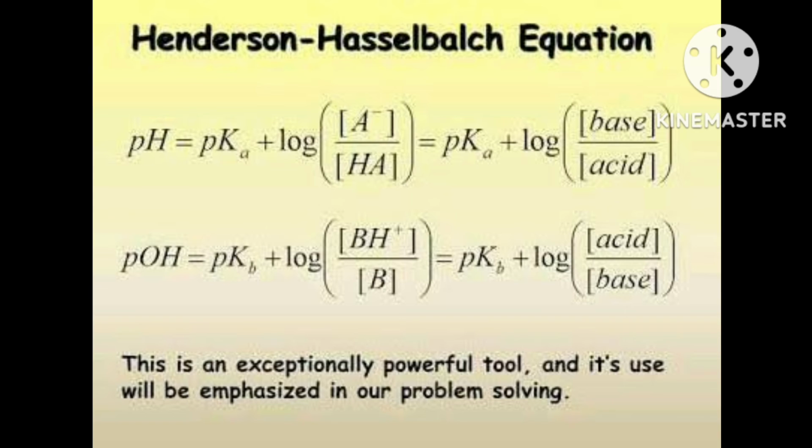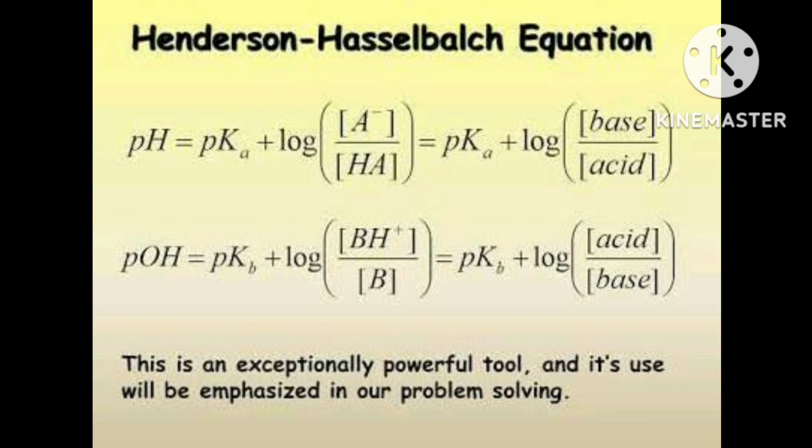Already I have discussed, we know that pH plus pOH is equal to pKw. This relation we also know. Two relations are there. pKw is equal to 14, you know. Then you can write it either way: pH plus pOH is equal to 14, or pH plus pOH is equal to pKw. And pKa plus pKb is equal to pKw.